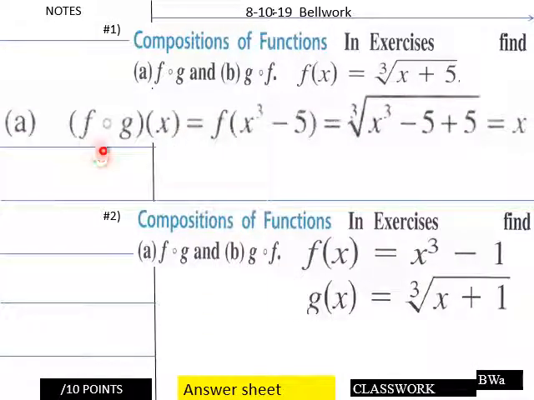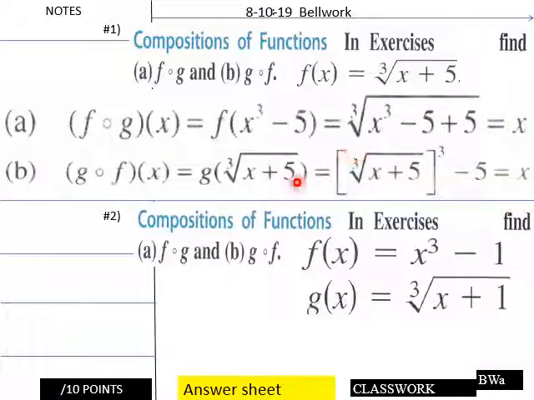3.1, number 1a. f of g of x equals f of the cube root of x cubed minus 5, which would be the cube root of, and then we insert this into our x here, x cubed minus 5 plus 5, and that turns out to equal x.